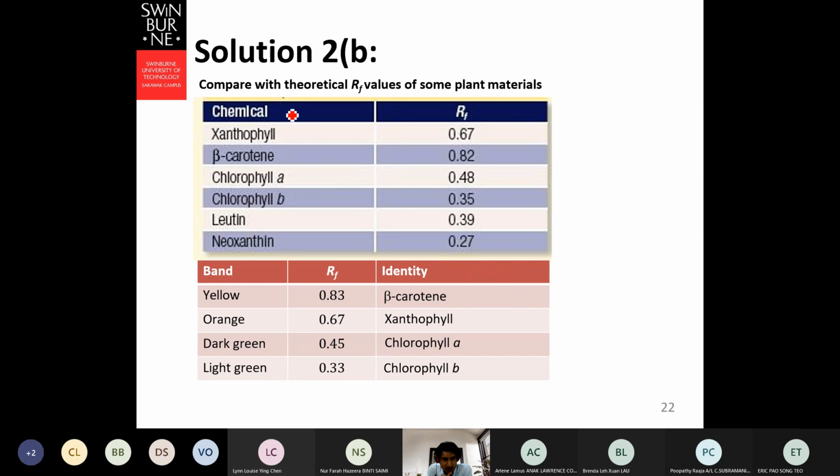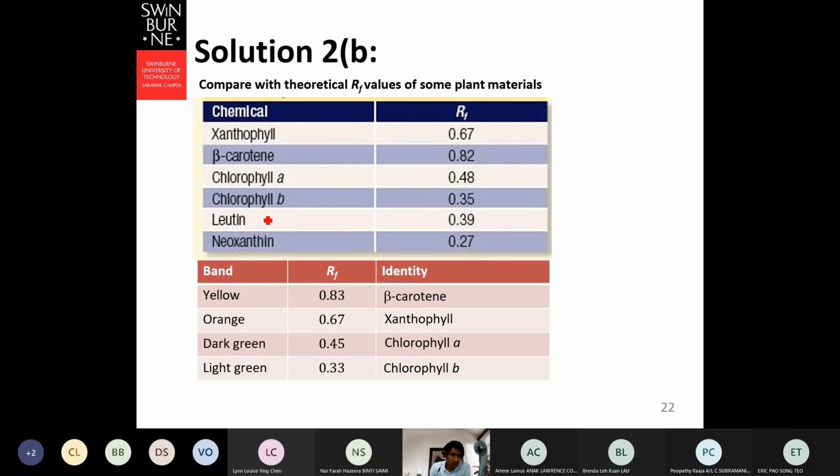Before that, we have to consider that in the plants we know there is chlorophyll, xanthophyll, then beta carotene, lutein, neoxanthin. So all those chemical compounds or components are in the plant, right? In the leaves, it has a lot of xanthophyll or chlorophyll, and then carotene, beta carotene, all those things in the plant leaves.